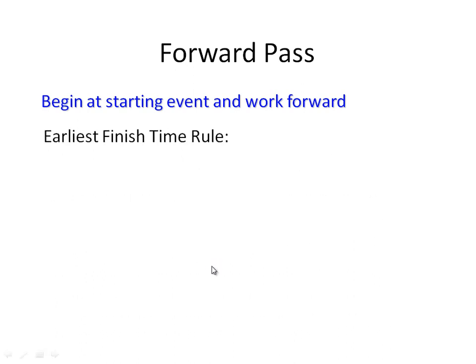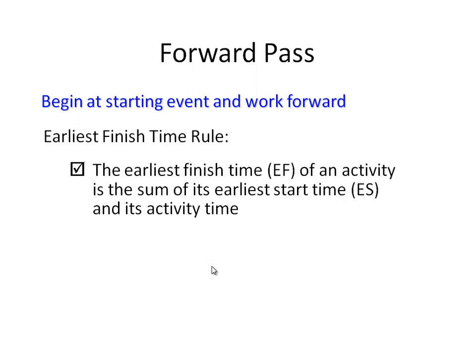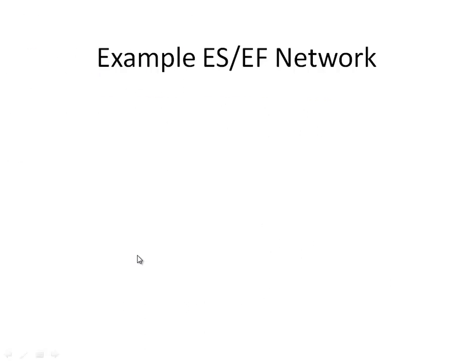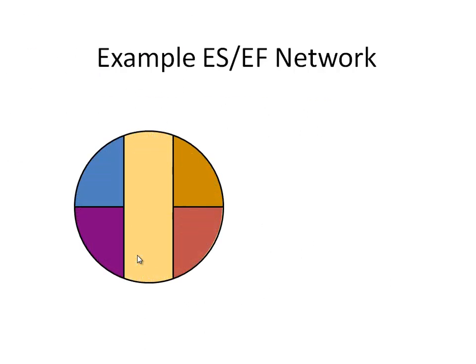The same applies for the earliest finish time rule. The earliest finish time of an activity is the sum of its earliest start time and the activity duration. So early finish is equal to early start plus activity duration. Let's see how this can be done.